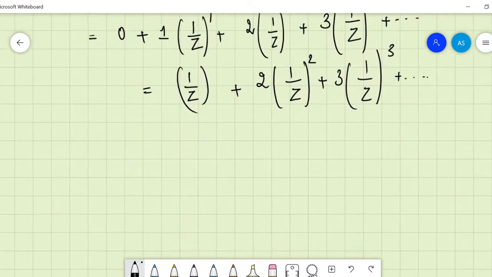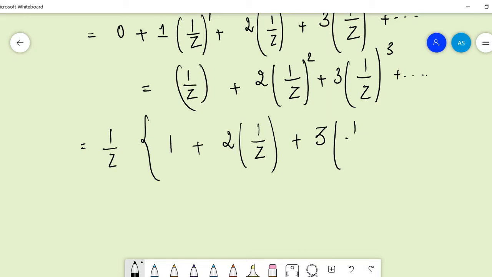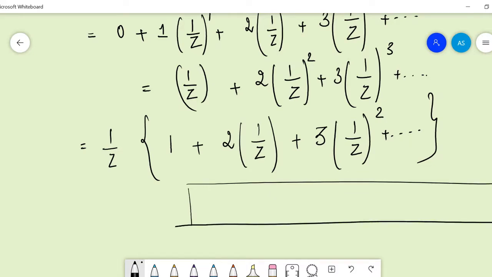From this expression, we can consider 1 by z is the common term. So 1 by z into 1 plus 2 times of 1 by z plus 3 times of 1 by z the whole square plus etc. Which is of the form 1 plus 2 times of x, 3 times of x square plus etc. The generalization for this series is 1 minus x whole power minus 2.